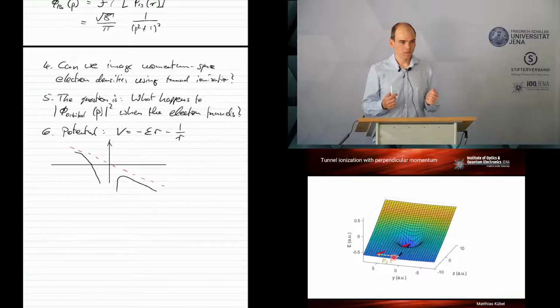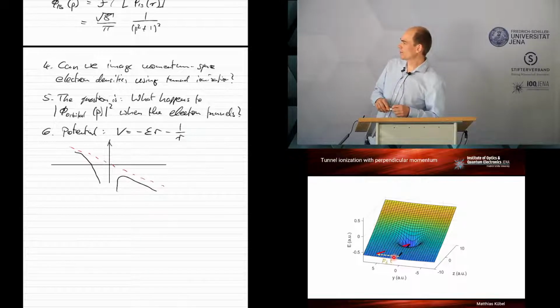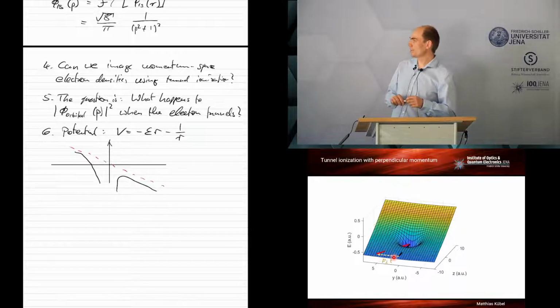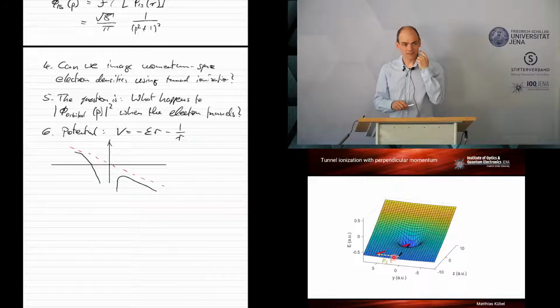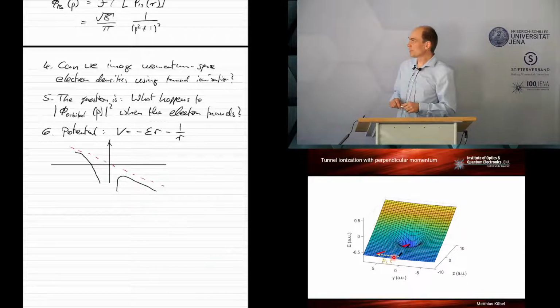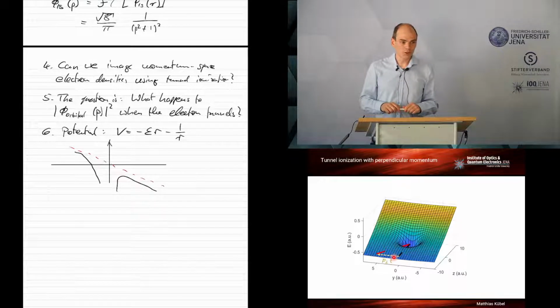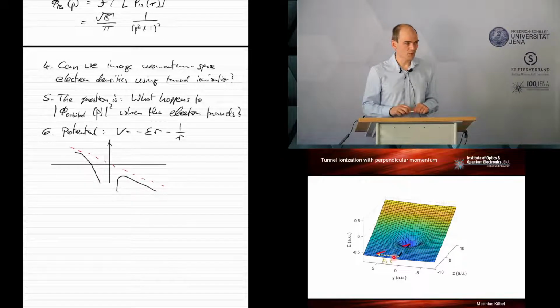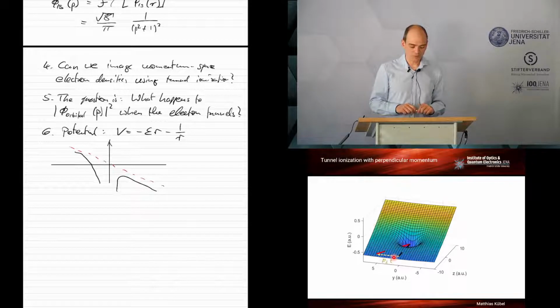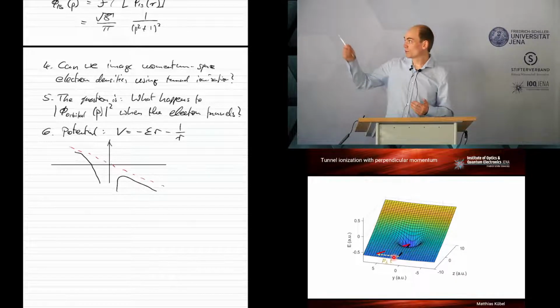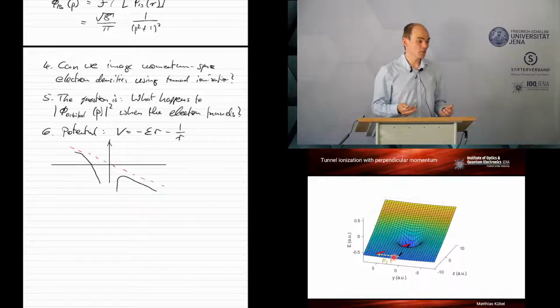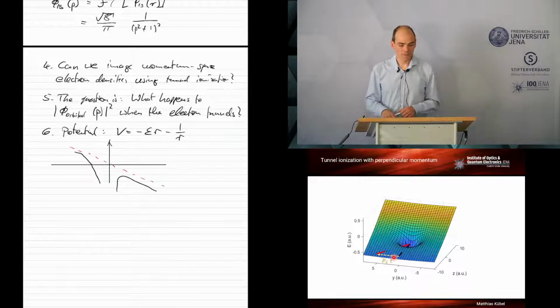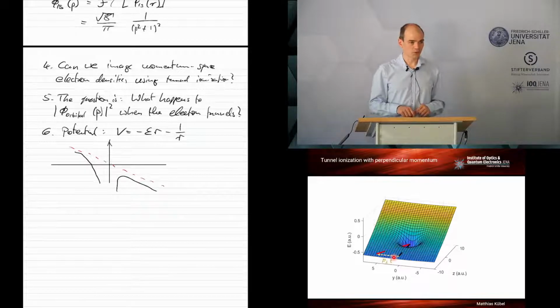Yes, the distance is a bit longer, while the height should be the same. And then, of course, the wave function decays exponentially under the barrier, so it is quite drastically reduced.